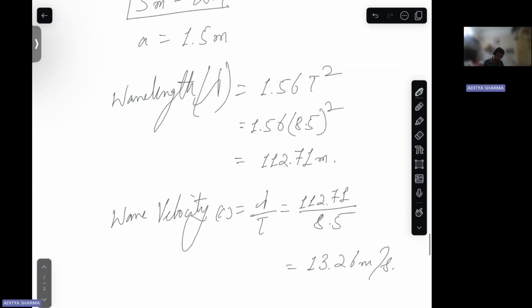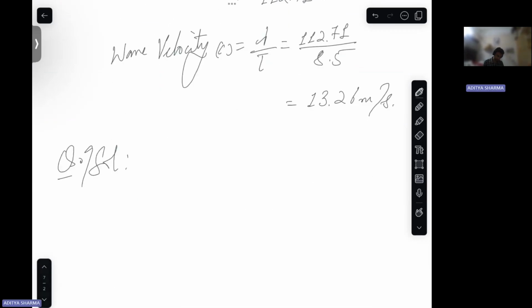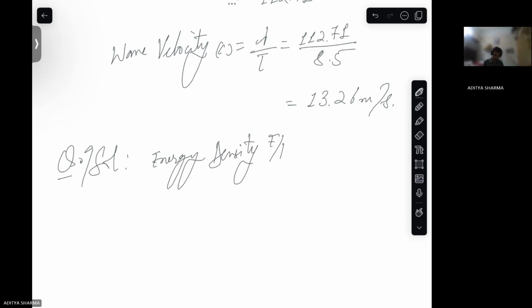Question number 8. Question number 9. Energy density is, sorry, half of rho A square g.